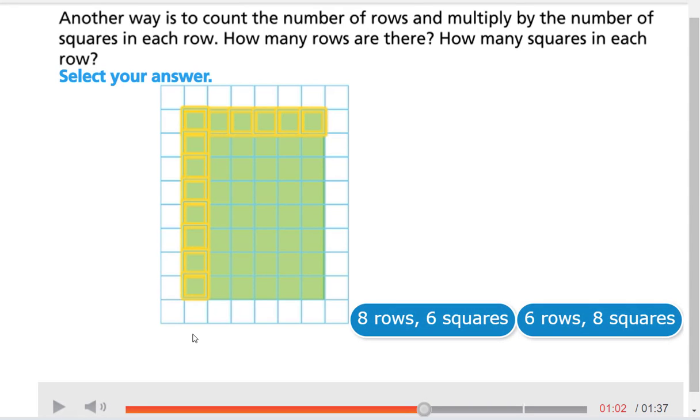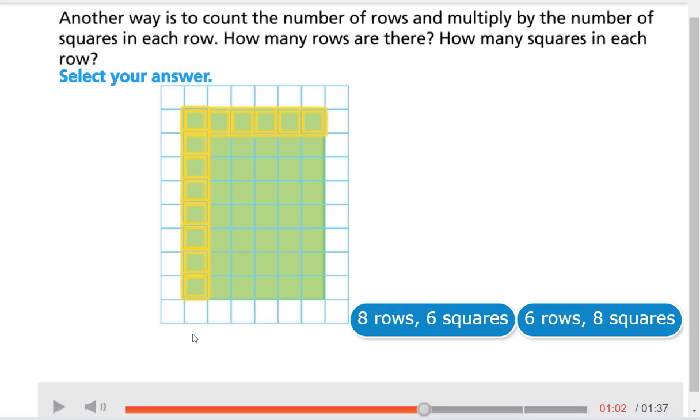Select your answer. Yusuf Ahmed. Jafar. How many rows do you see in the picture? And how many squares in each row? In each row, 8.